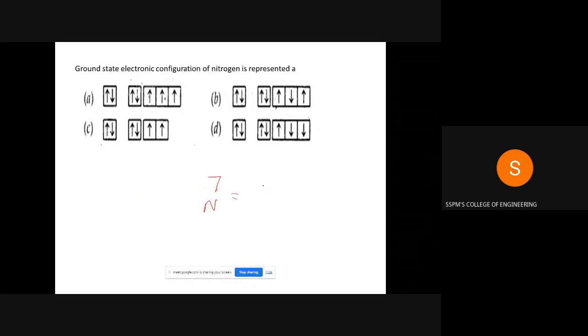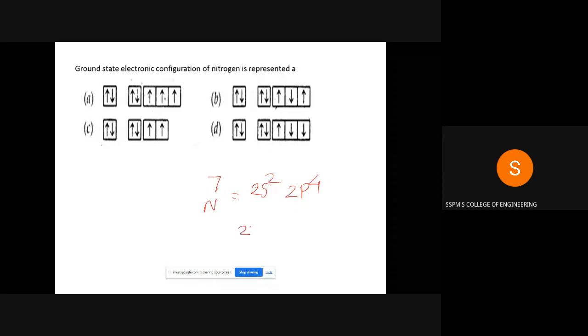The first shell has a capacity of 2. 2p has a capacity of 6 because the p orbital is divided into 2px, 2py and 2pz, so the total capacity is 2, 2, 2, that is 6.